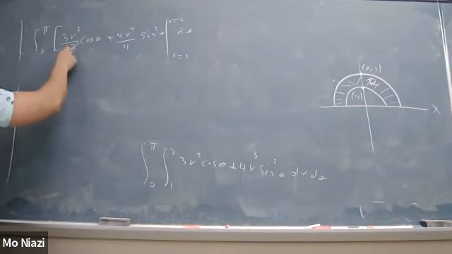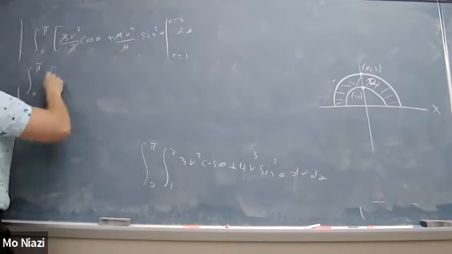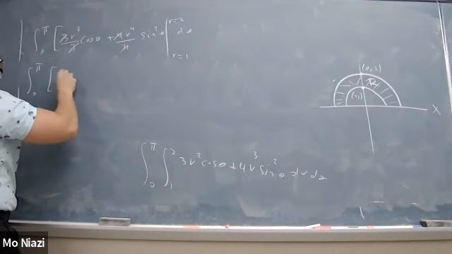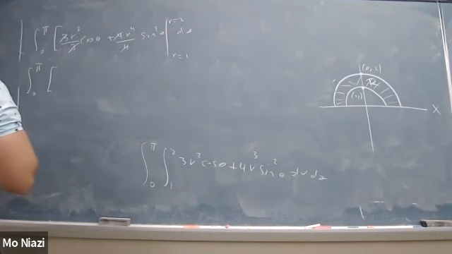Okay. Cancel, cancel, cancel, cancel. This is integral 0 to pi. When we plug it in and evaluate, I'm going to skip those steps because they take a long time.